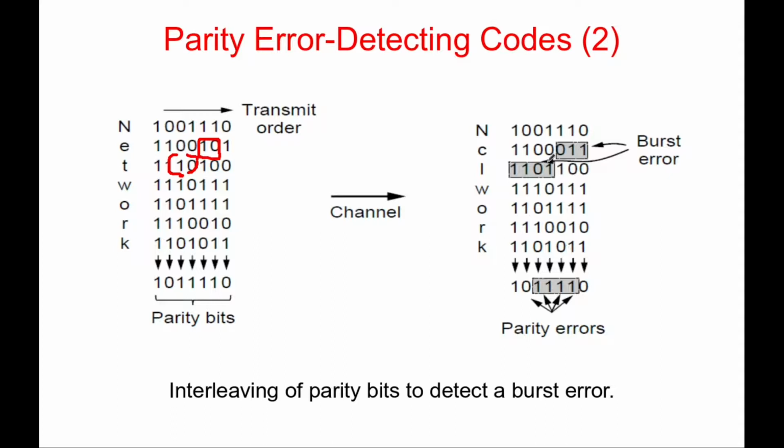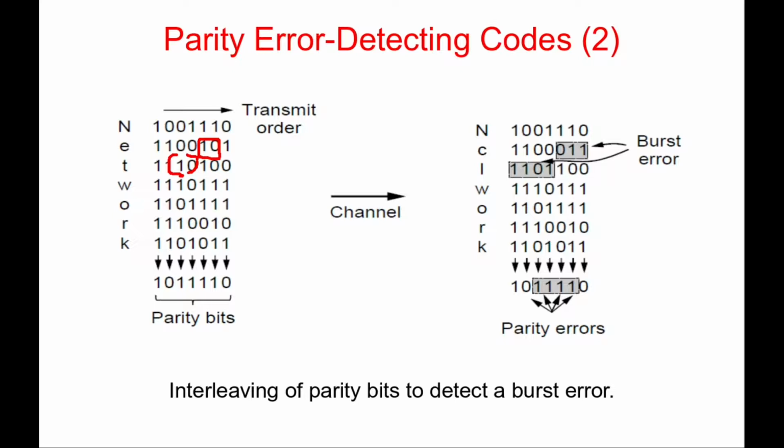Now for the multi-bit errors which are greater than n, in the worst case, if they are there in multiple columns or all the columns, for each individual column, let me tell you, there are two possible situations. Either the number of errors makes the original parity change because there is an odd number of errors, or they are even in number, and that's why the original parity is not changed.